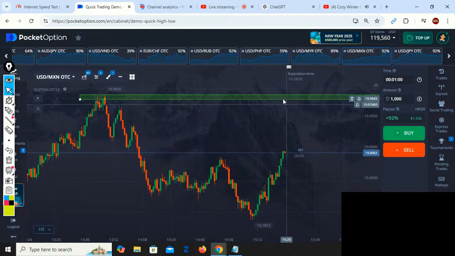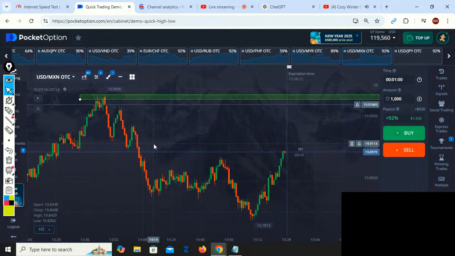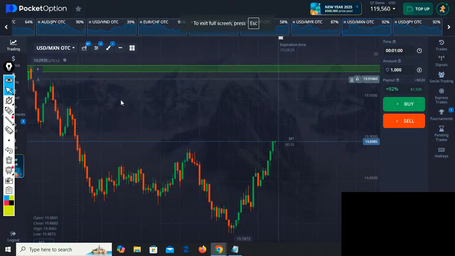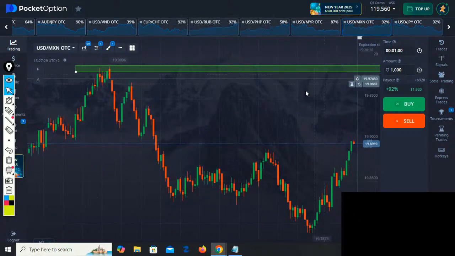Once it touches this area, you take a 1 minute trade to the downside. It might reject from here and from here, but we look for the highest probability trade. So for the highest probability, you want it to come back to this point over here.